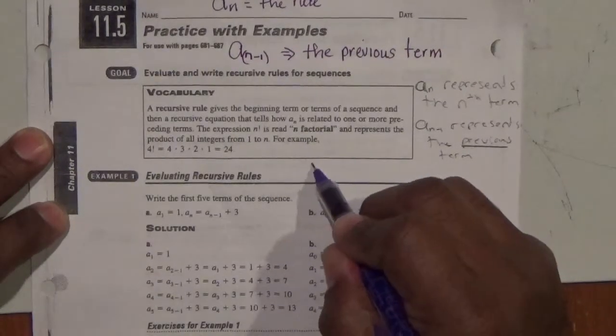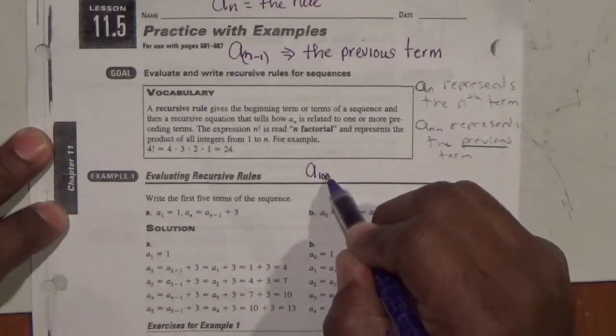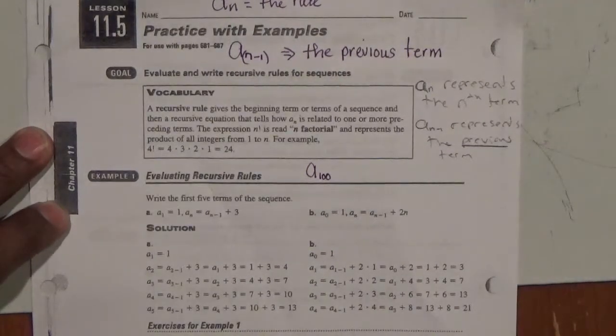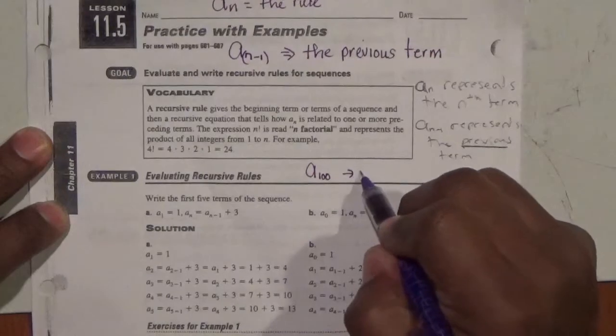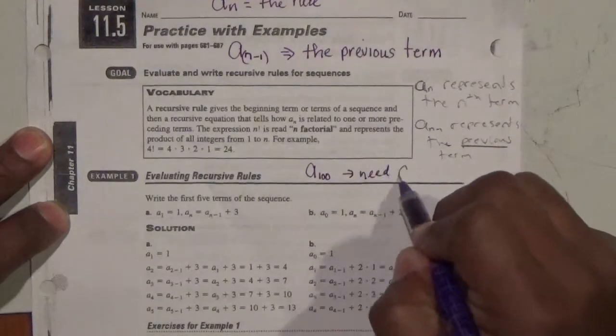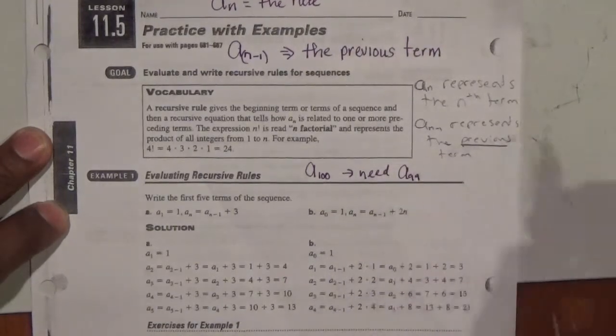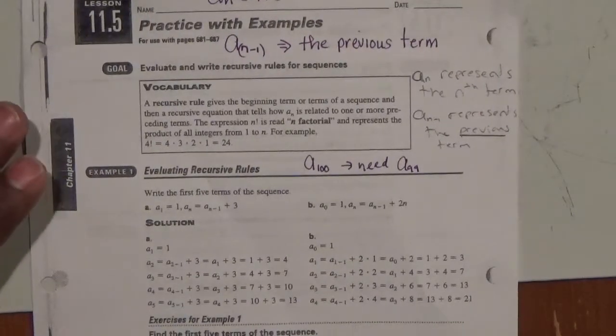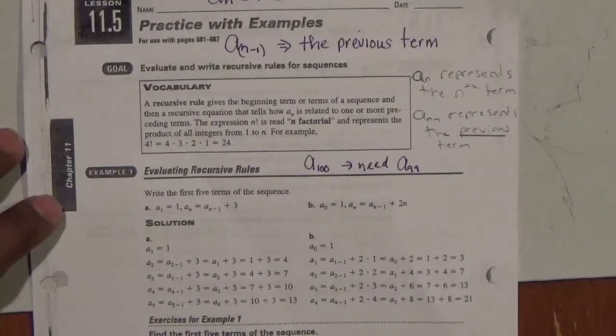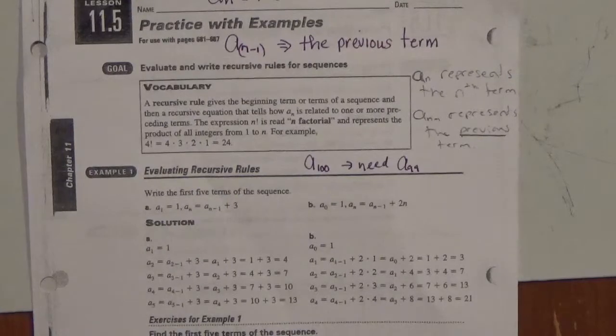If I'm looking for the 100th term in a sequence, I'm going to need the 99th term. I can't find the 100th term if I don't know the 99th term, and so on. If I want the 45th term, I need the 44th term, and so on.